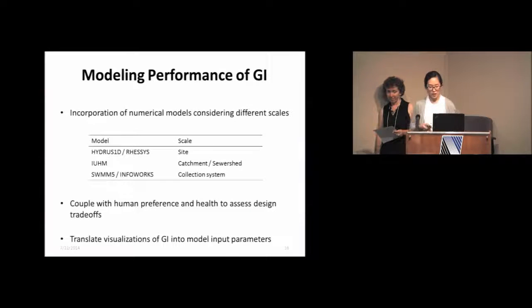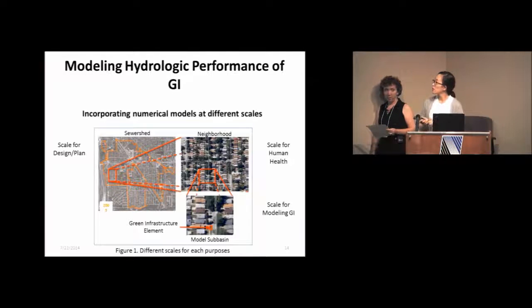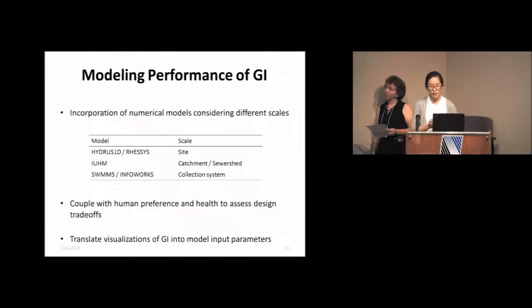Therefore, we will create an integrated modeling system evaluating the holistic impact of green infrastructure from field to neighborhood to catchment scale by coupling numerical models at the different scales.